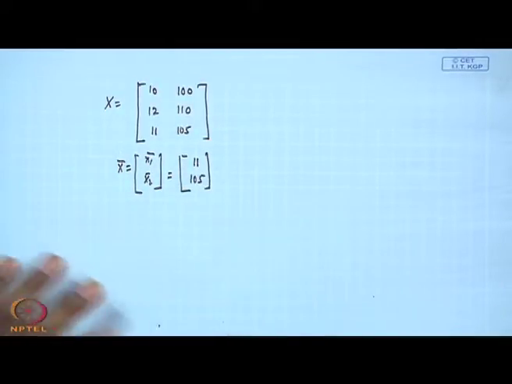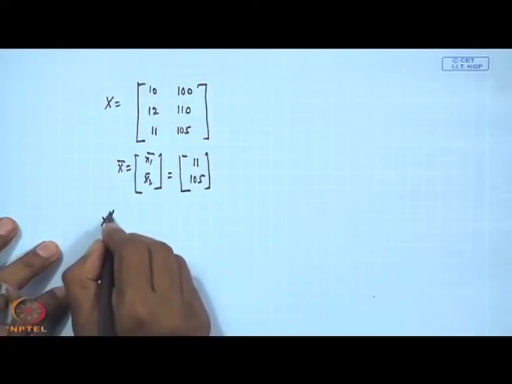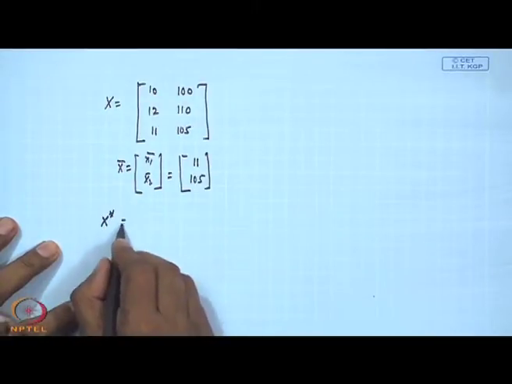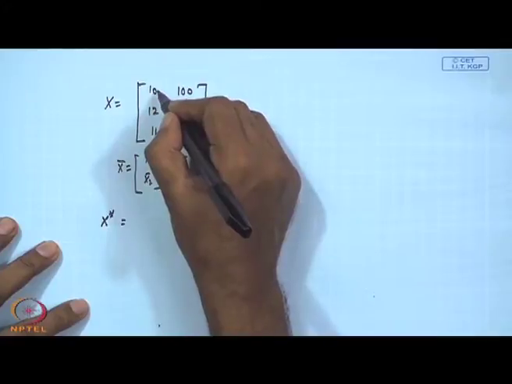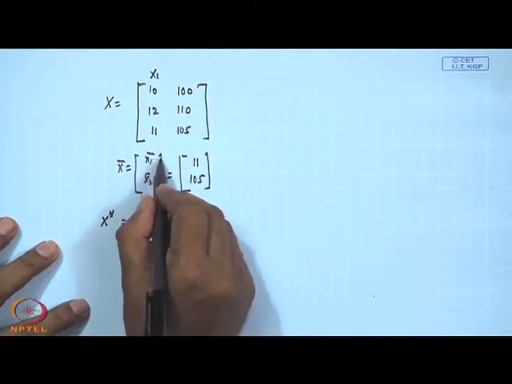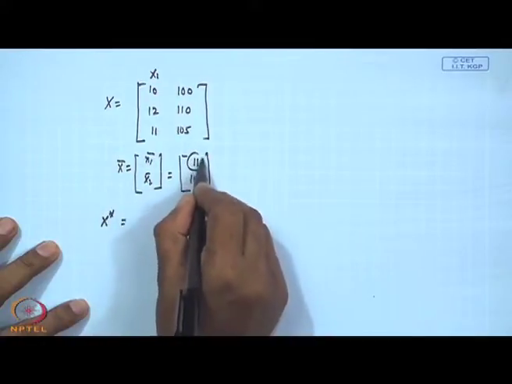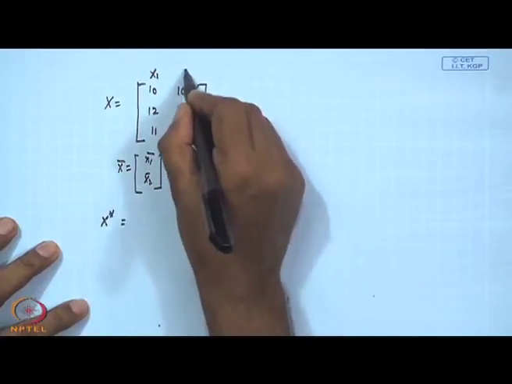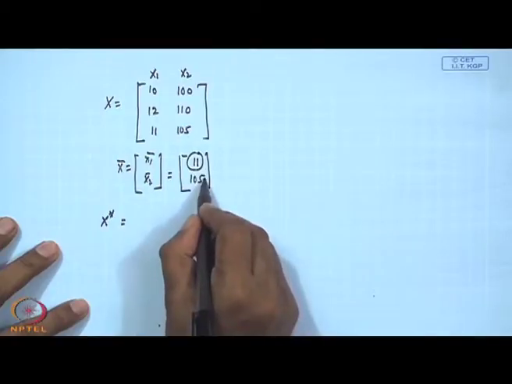Now, what you are creating is X star. Each element of x_1 will be subtracted by its mean 11. Similarly, each element of x_2 will be subtracted by its mean 105.